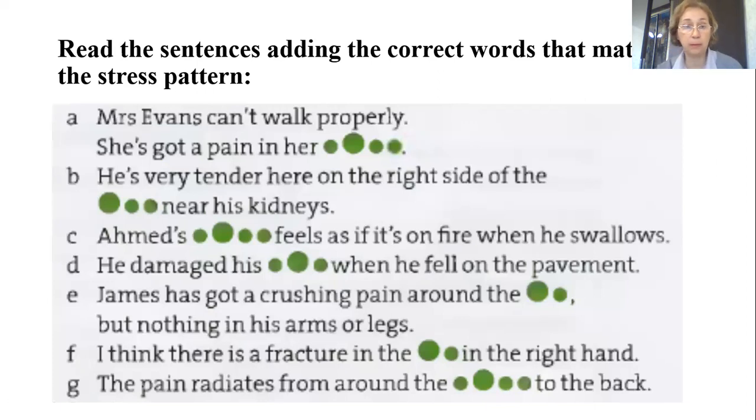Let us listen to Mustafa Sabir. Mustafa, please, sentence B. She has very tender skin on the right side of her abdomen, near her kidney. Exactly. Abdomen. Okay, good. Now, Hassan, sentence C is for you.